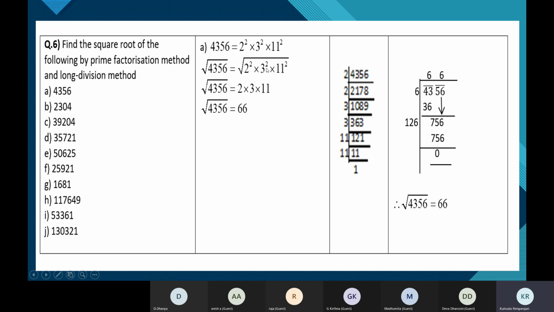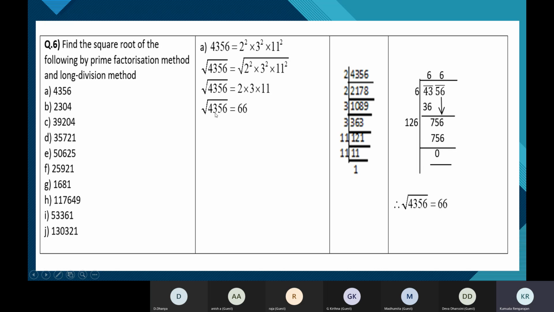Then we need to take the square root on both the sides. So now write this as it is. The square root of 4,356 is equal to, getting rid of the square root here, from two 2s, one 2 comes out. From two 3s, one 3 comes out. From two 11s, one 11 comes out. And this product is 66.